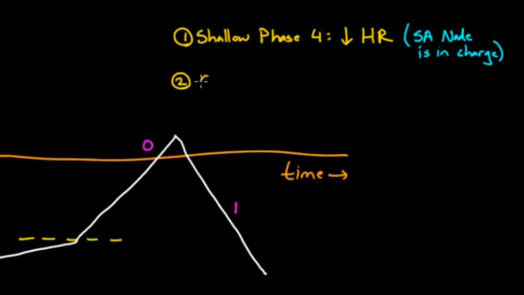And that is that you also have a shallow phase 0. So think about that. If the phase 0 is shallow, and we know this is the action potential, right? This is the action potential. Well, what implications does that have? What does that mean?